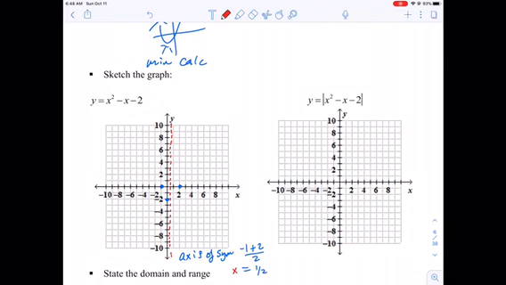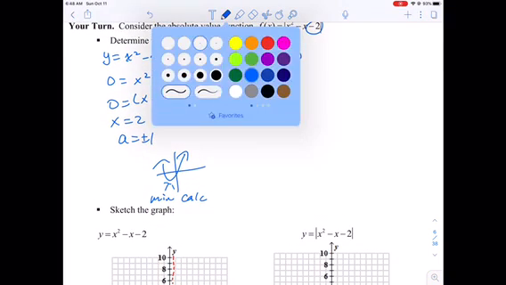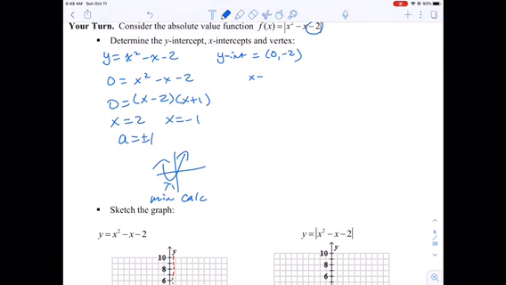So if I know that my axis of symmetry is along there, I know my vertex is on there as well. So I'm going to just quickly plug that into my equation. If x is 1/2, then y would equal 1/2 squared minus 1/2 minus 2. 1/2 squared, that's 1/4, minus 1/2 minus 2. That's 1/4 minus 2.5. So that's going to be a negative 2.25.